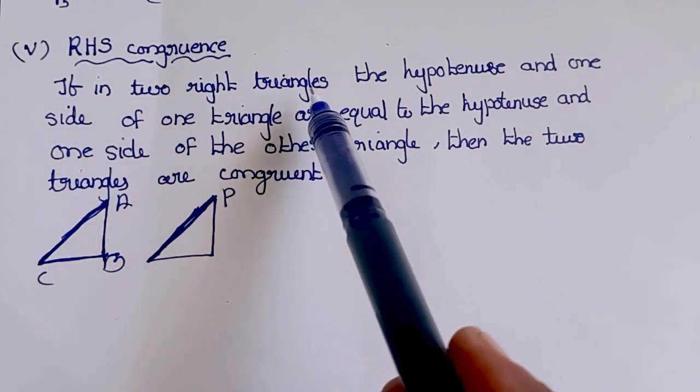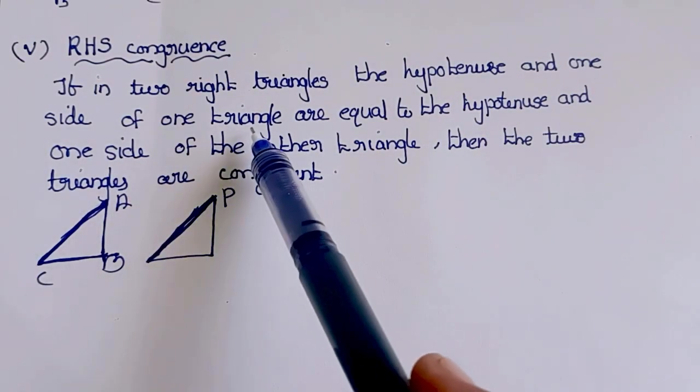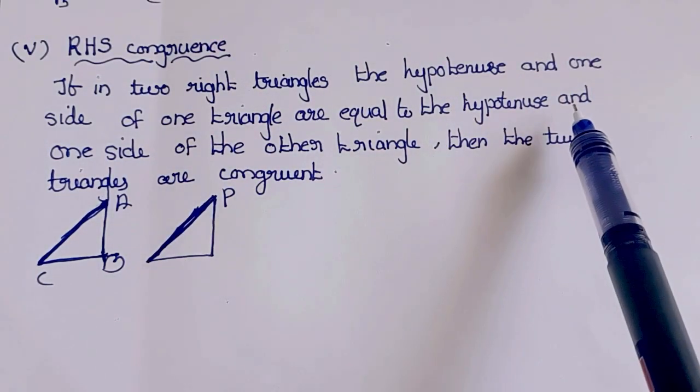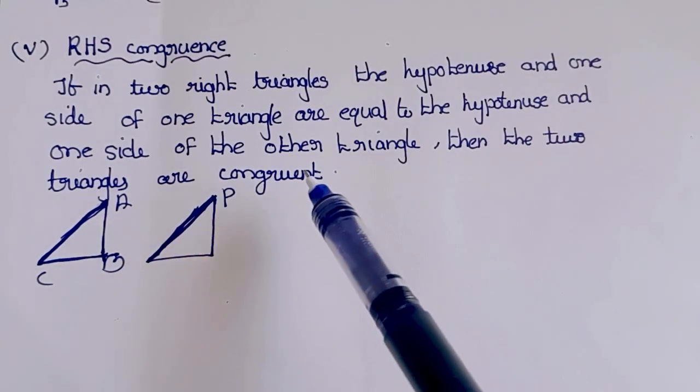Fifth congruence, that is RHS congruence, it is only for right triangles. If in two right triangles, the hypotenuse and one side of one triangle are equal to the hypotenuse and one side of another triangle, then the two triangles are congruent.